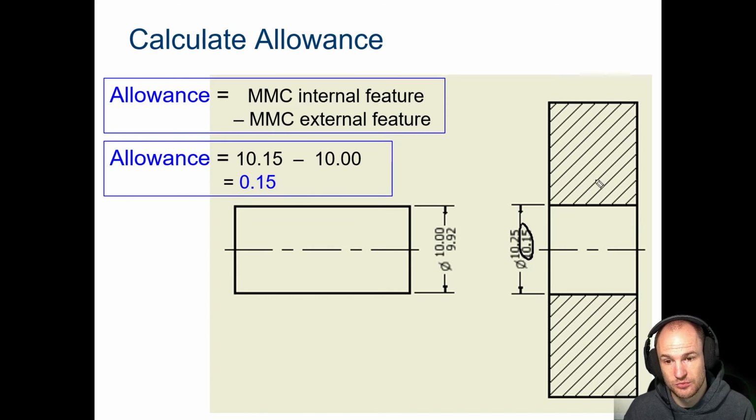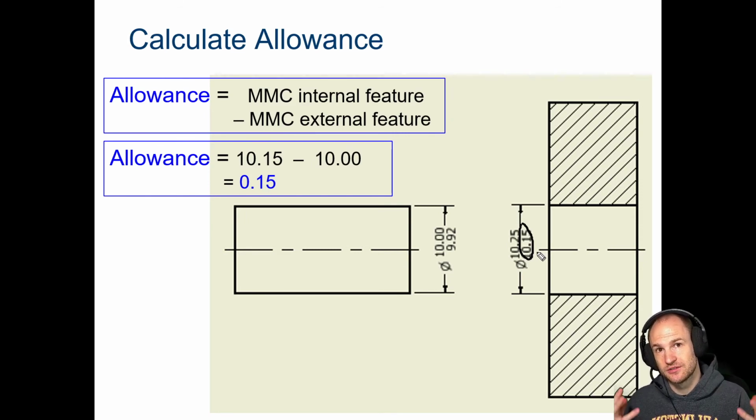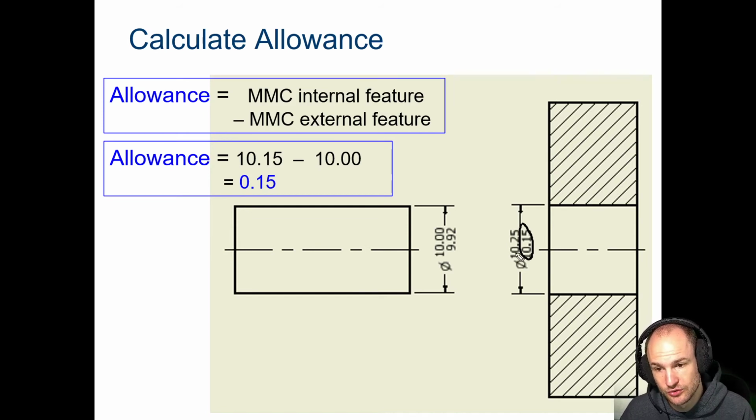So that means that there's more material here on an internal feature because you want the hole to be smaller to get the maximum material condition. So that's very important. That's where we're getting this number. That's why it's the maximum material condition, because this material is larger if we get the lower tolerance as opposed to the higher, because this would mean the hole was bigger, which means there's less material.